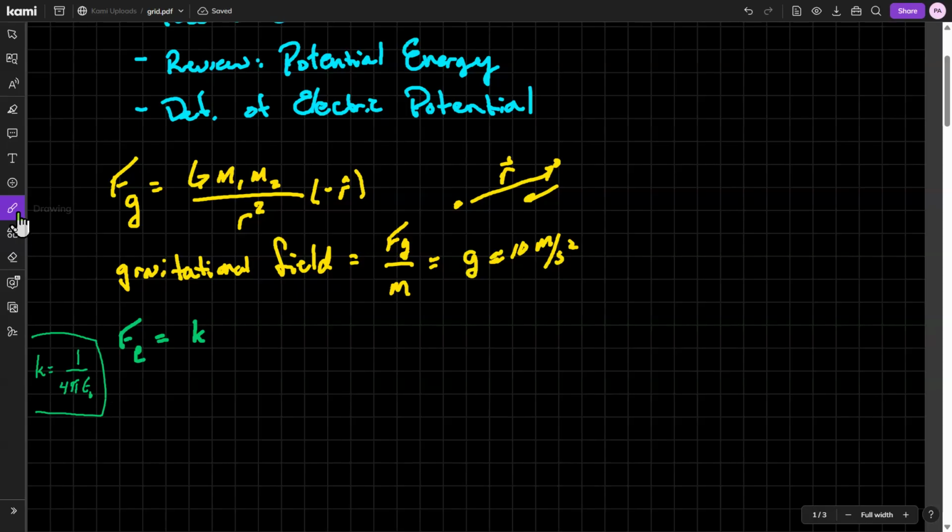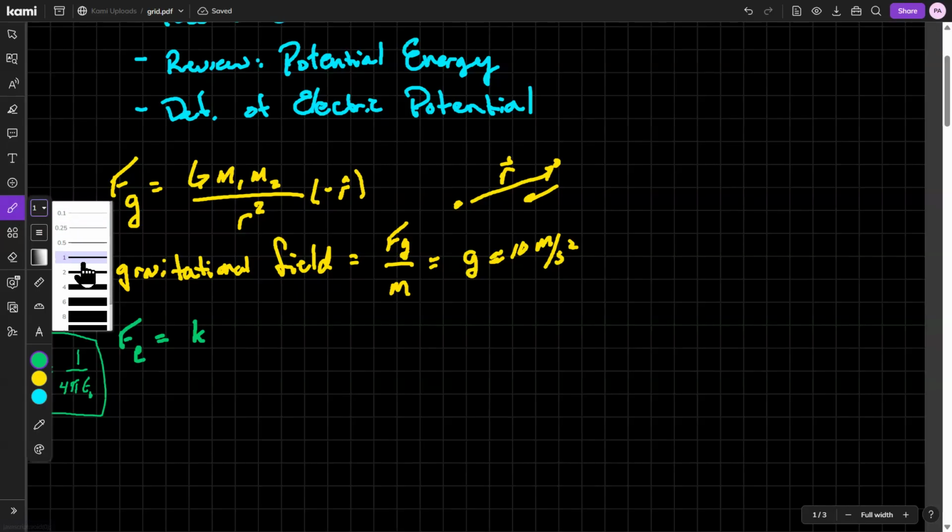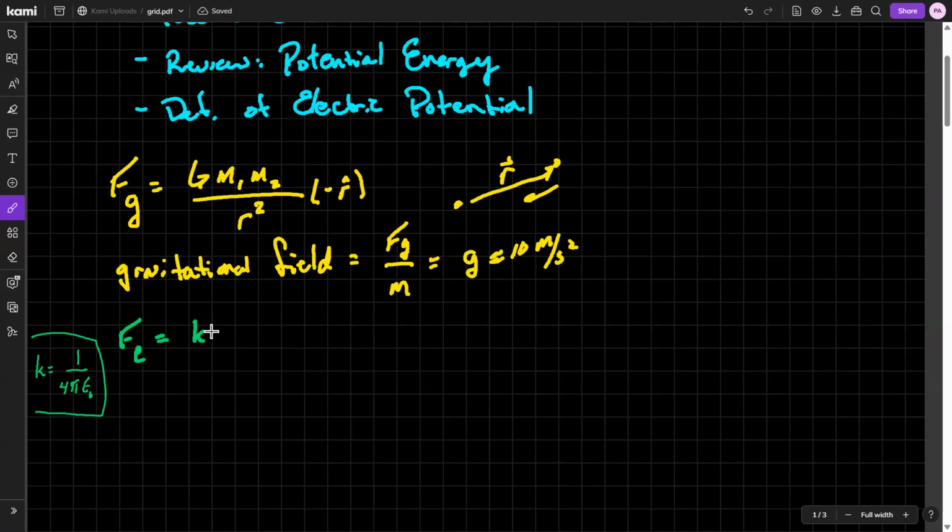That's not real important right now. But this K is a combination of these constants. F equals K Q1, the charge on one object, times the charge on a second object over r squared. And this time it's just r hat, which is the direction of the force.